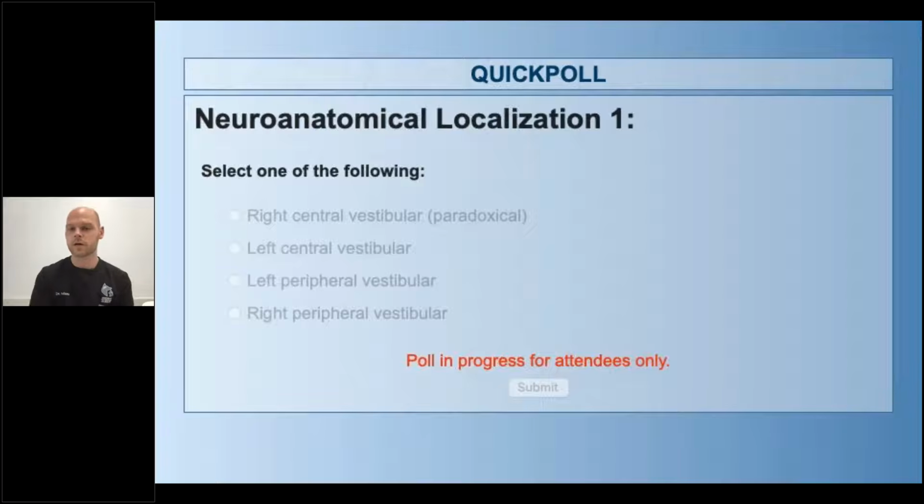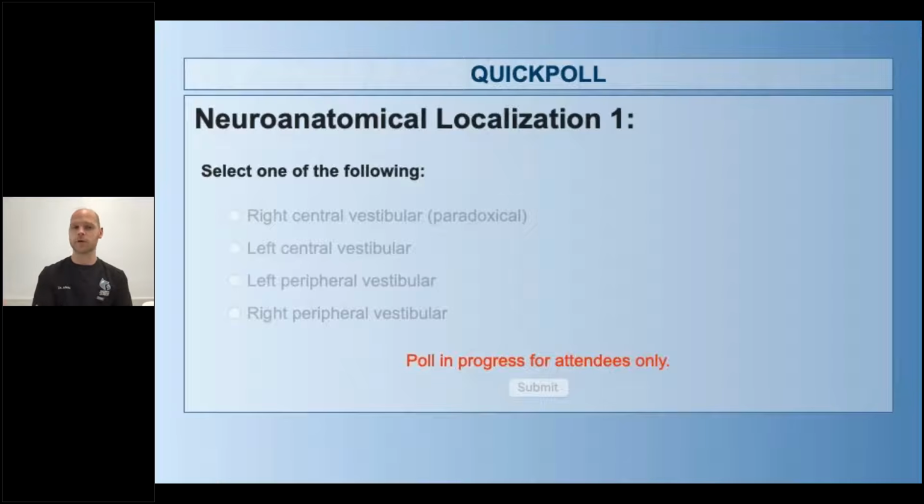Okay, so it looks like we have 51% for A, 23% for B, 16% for C, and 11% for D. With this one, we have proprioceptive deficits, so there's delayed hopping and delayed proprioception. We know that it can't be peripheral, assuming a single lesion causing both, because proprioceptive deficits would not be involved with peripheral vestibular disease.